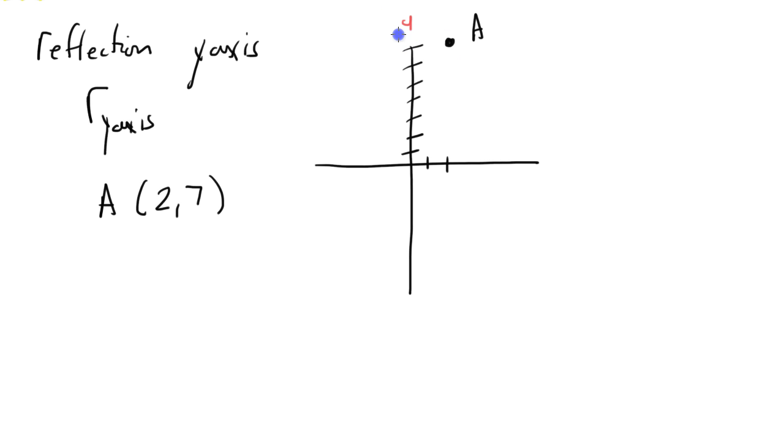Now, this is the y-axis and this is the x-axis. If I want to jump over the y-axis, I have to go over this way. So this point would be A prime, and A prime would be -2, +7.